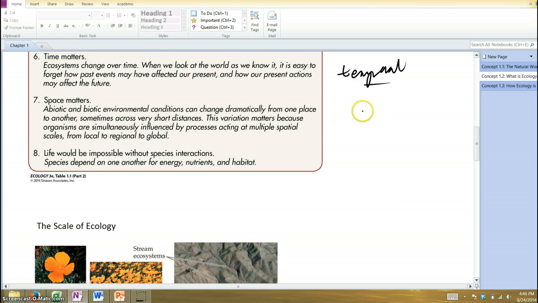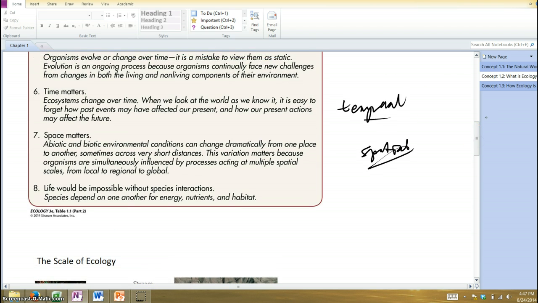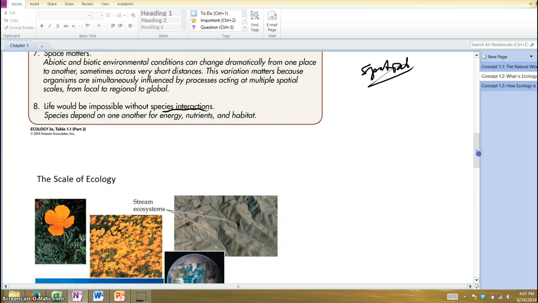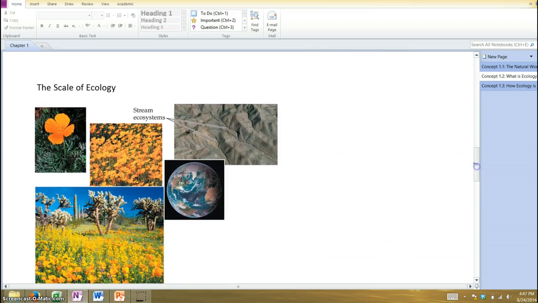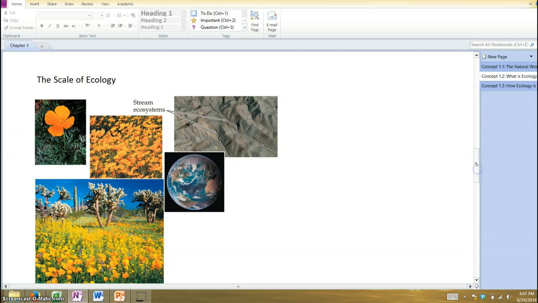Space matters, that is, spatial factors can control and limit populations. And again, these species interactions are extremely important. You, of course, interact with other organisms when you're eating. You have other organisms, primarily, well, bacteria that live inside you, inside your gut, that are extremely important for your digestion and nutrition.